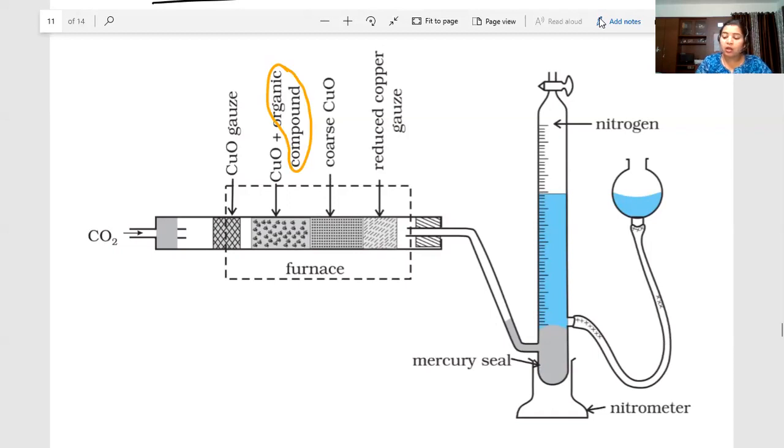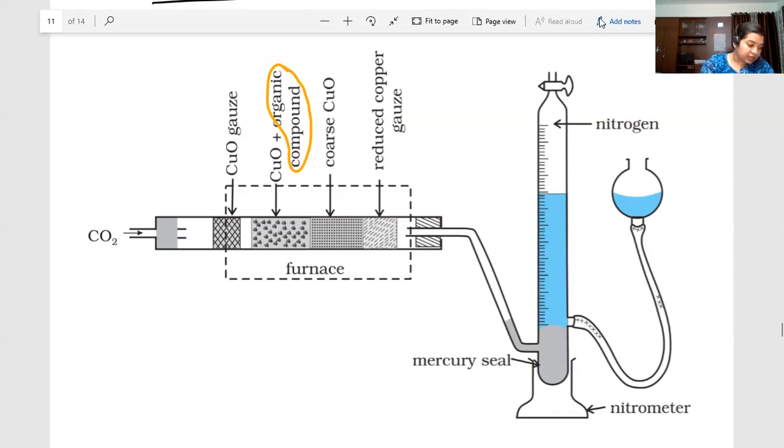Further there is copper oxide gauze, so that on both sides there is always copper oxide kept, so that by chance if any nitrogen is converted to nitrogen oxide, then on moving to this side it is continuously changed to nitrogen. It is never left as nitrogen oxide.